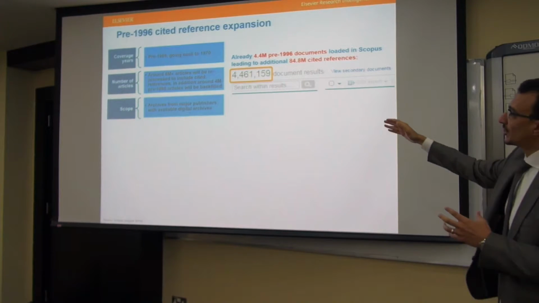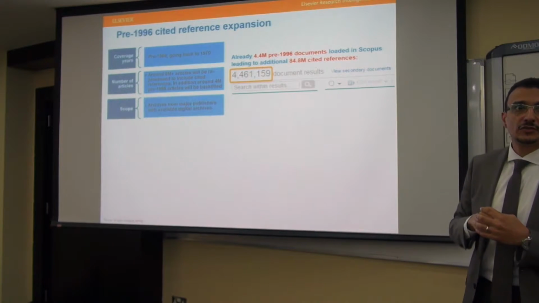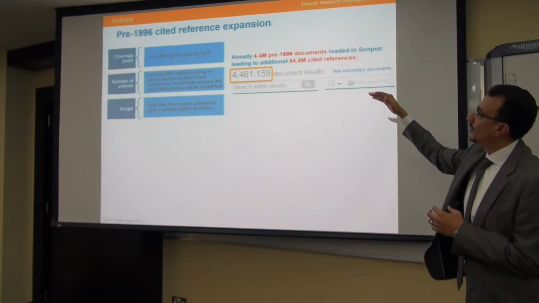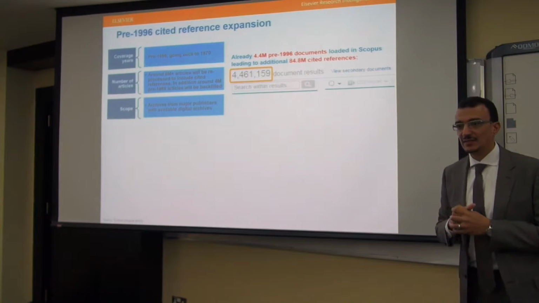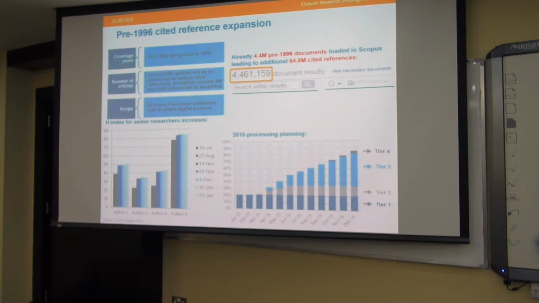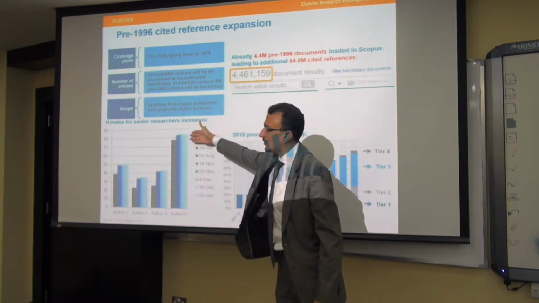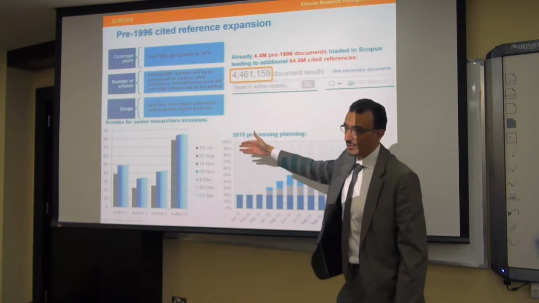We are doing a project which will be completed by the first quarter of 2016, and we will go back to 1970 in the citations. So we will have citations up to 1970. This definitely will make a difference for the senior authors, whose citations and H-index will increase.